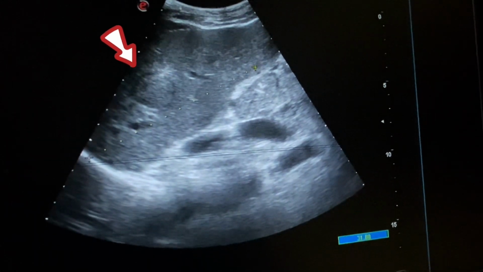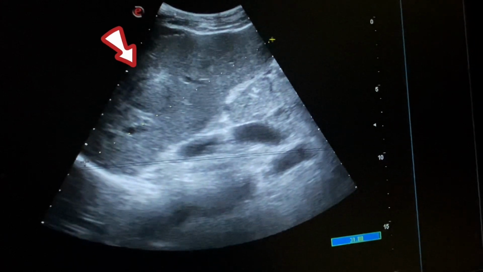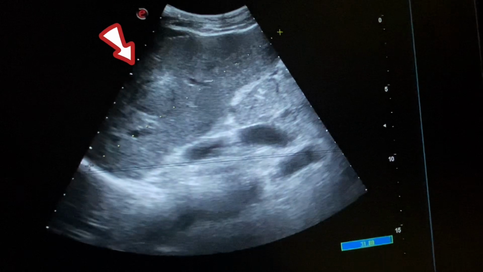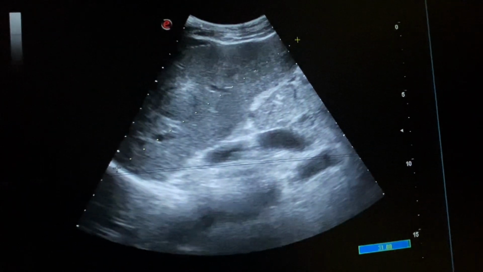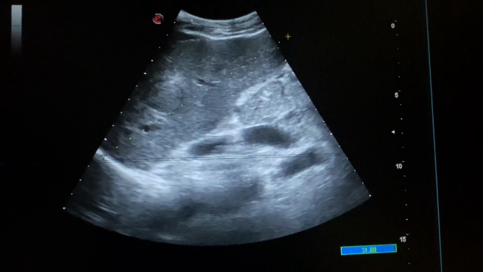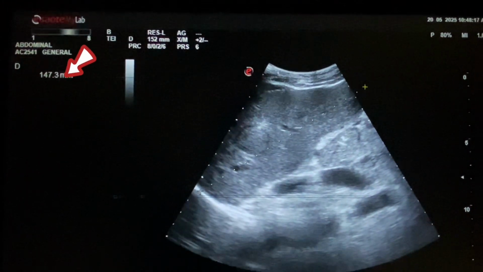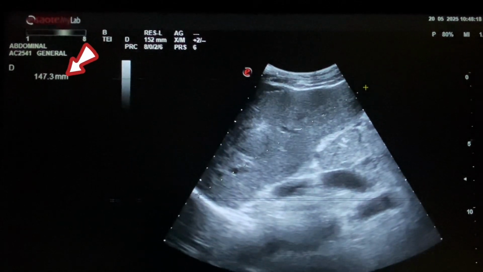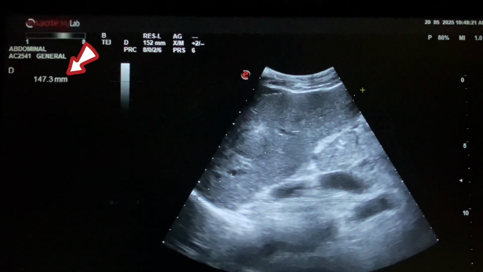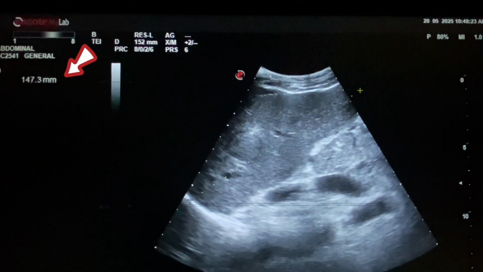For that, the probe is placed at a longitudinal position towards the left lobe of the liver, so we can take the exact size of the liver from right lobe to left lobe. The size of the liver is 14.7 centimeters, which is normal. The normal size of the liver is up to 16 centimeters.